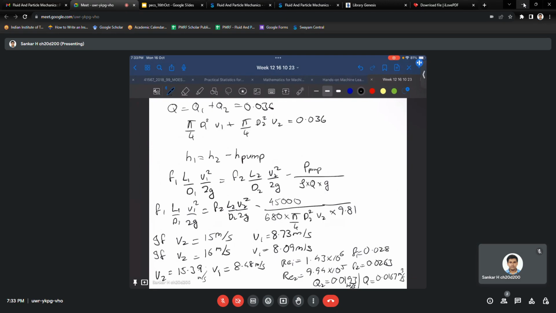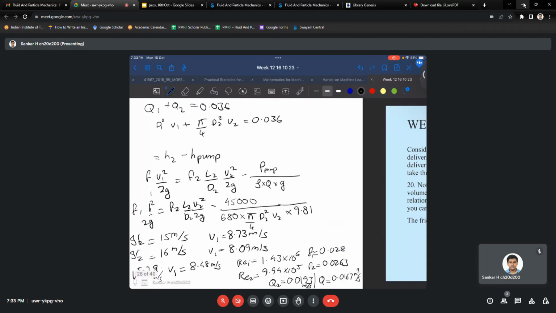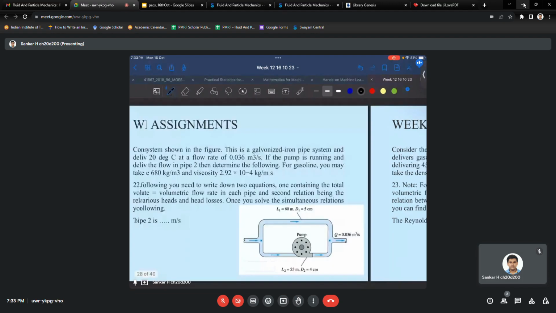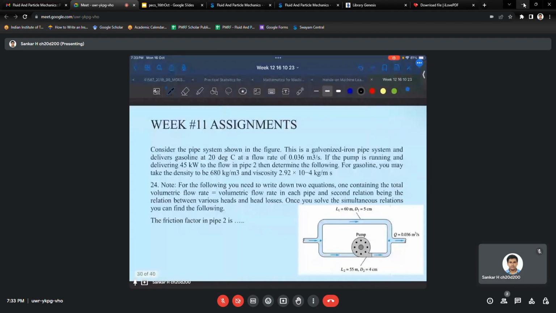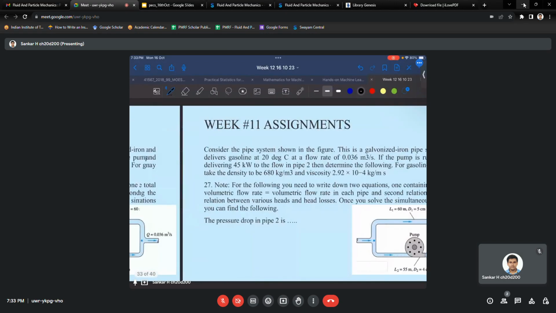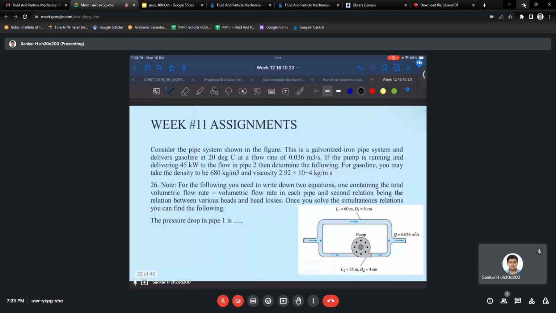Okay, with this, I think we'll stop. I know I'm not done, all they have asked is the volumetric flow rate, etc. And the pressure drop is basically delta P, which will be the same for both, which is F times L1 by D1 times V1 square by 2G.